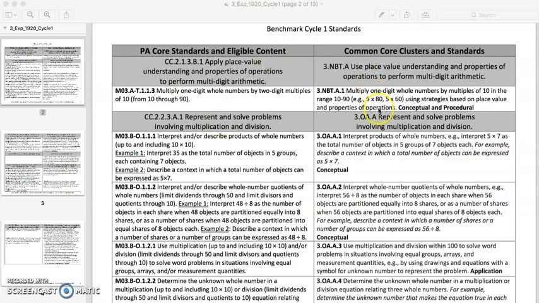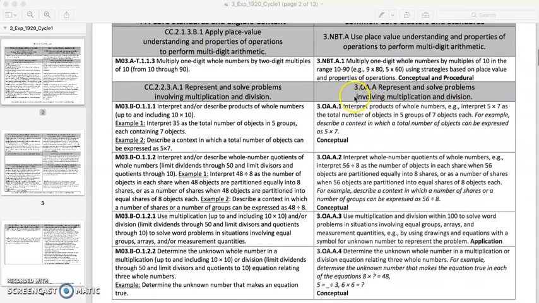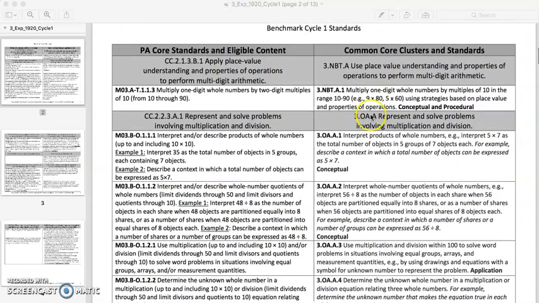So then on the right, we have the Common Core side. The darker gray over here, those are called Common Core clusters. So, for example, we have the 3.OA.A cluster. The A cluster, notice, has the exact same words as the Pennsylvania standard over here, which means clusters are fairly broad.